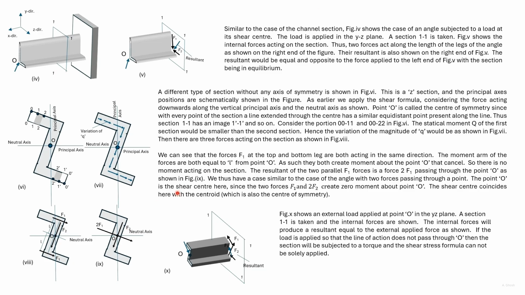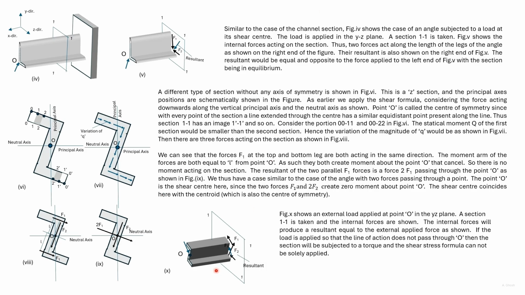As in the case of an unequal angle, a load can be applied in any direction passing through the shear center. We can take components of the load along the two principal centroidal axes. We can then find out the shear stresses in the section due to each load, and we can add up the shear stresses algebraically to get the final stresses in the section.